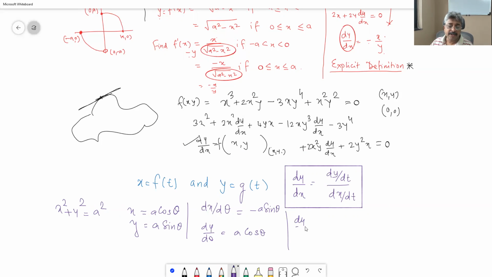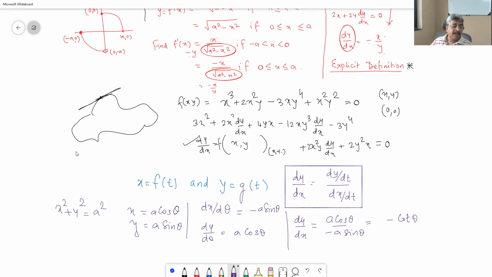Therefore, dy by dx in case of parametric differentiation is a cos theta upon minus a sin theta, which is equal to minus cot theta.